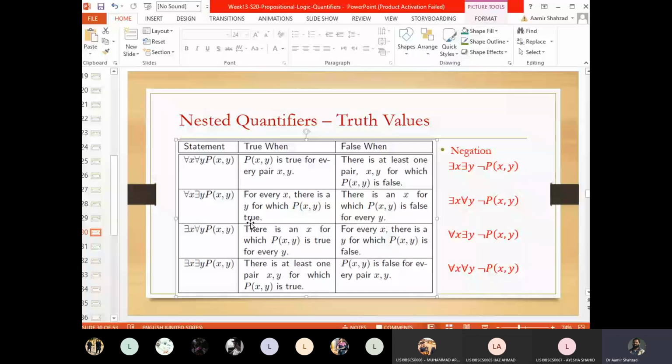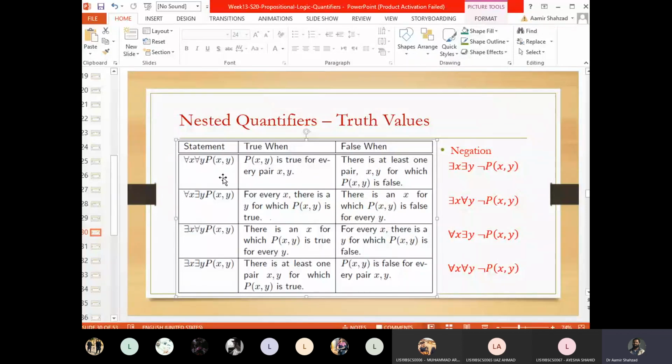So ये y एक भी हो सकते हैं, एक से ज्यादा भी हो सकते हैं, लेकिन x के हर एक के लिए आपको कम से कम एक y मिल जाएगा. ये false कब होगा? कि आपको y मिलते ही नहीं है. For all y it's going to be false, and even for a single value of x. So there is an x for which p of x, y is false for every y. कि आप एक एलिमेंट, कम से कम एक एलिमेंट आपको x में से ऐसा मिल जाए कि आपको उसके कॉरस्पॉन्डिंग y कहीं पे भी ना मिले.